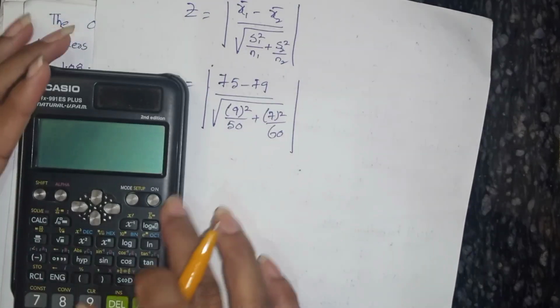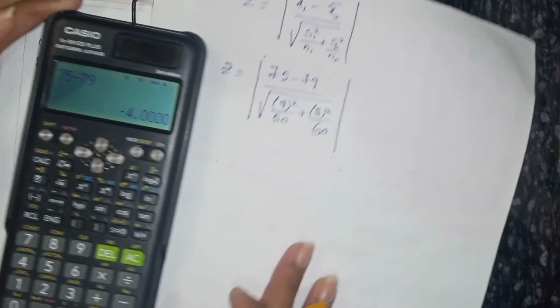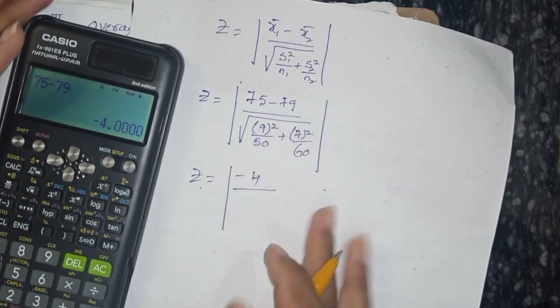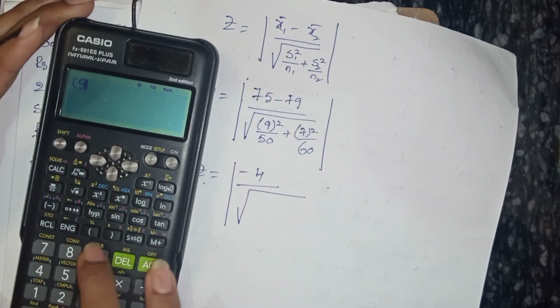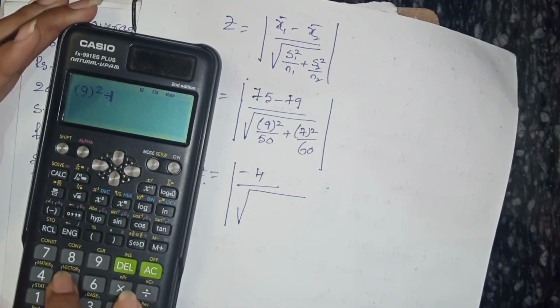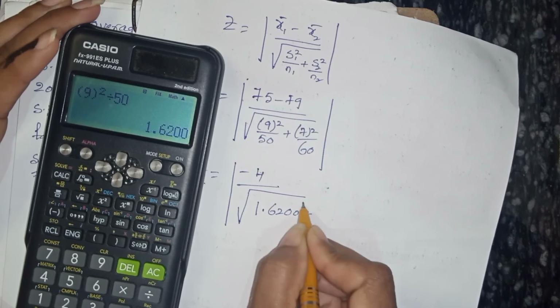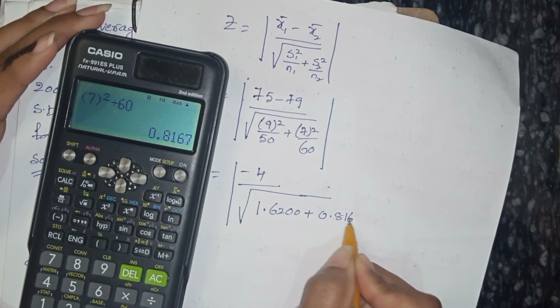Let me show you how to solve. 75 minus 79 equals minus 4. So Z equals minus 4 divided by the square root of 9 square divided by 50, which is 1.6200, plus 7 square divided by 60, which equals 0.8167.